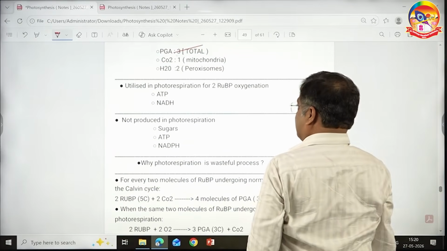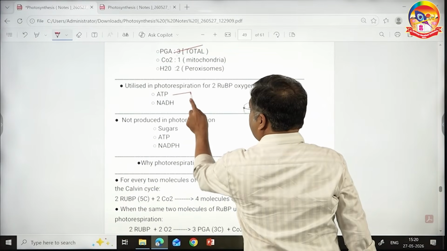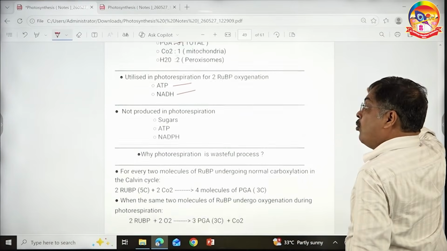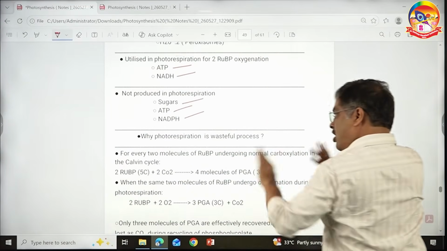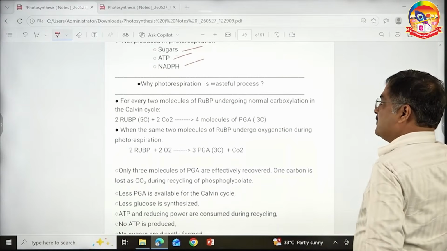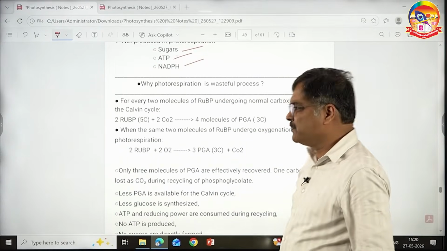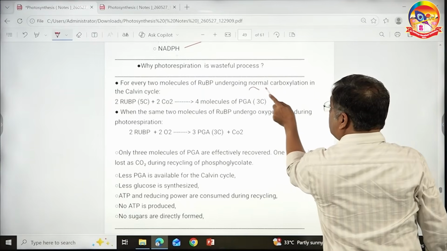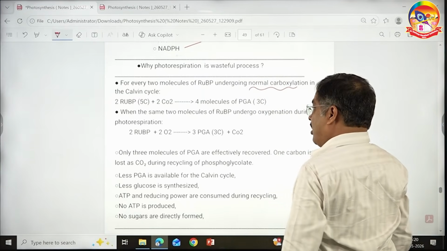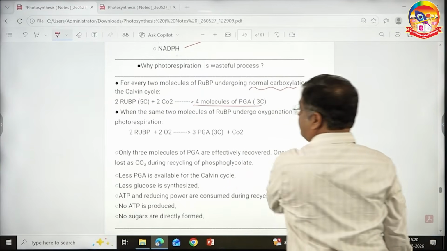What is utilized in photorespiration? ATP and NADH. What is not produced in photorespiration? Sugars and ATP are not produced. Why is photorespiration a wasteful process? For every 2 molecules of RUBP undergoing normal carboxylation, the number of PGA formed is 4.